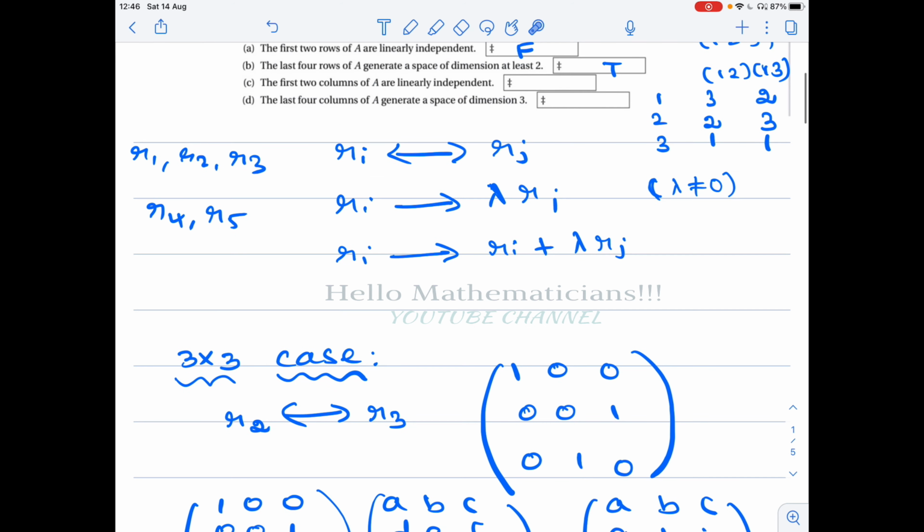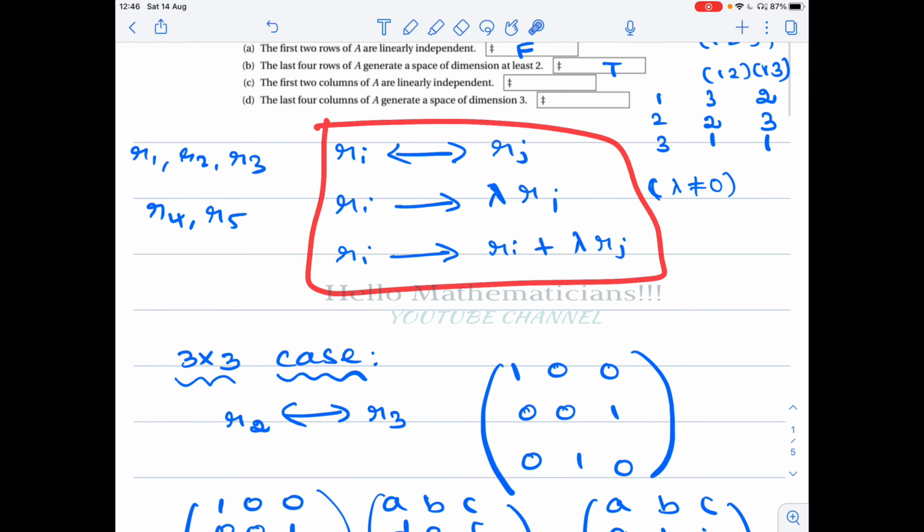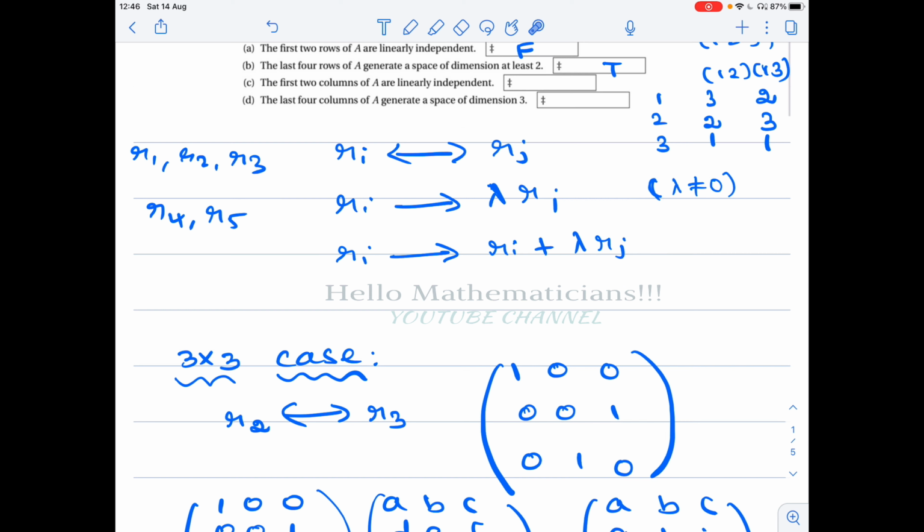Doing this operation is the same as pre-multiplying by an invertible matrix. But we just saw that if certain columns are linearly independent in A, then those columns are linearly independent in BA also. Therefore, elementary row operations map linearly independent columns to linearly independent columns. That is what we have proved.